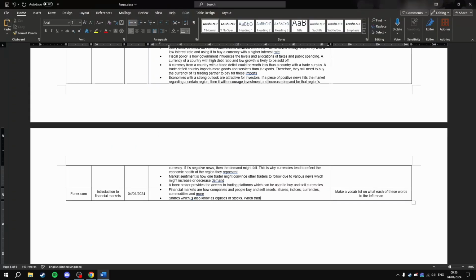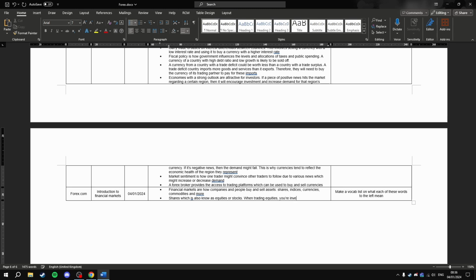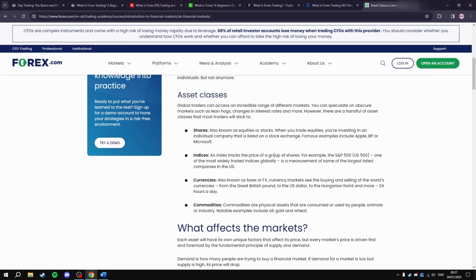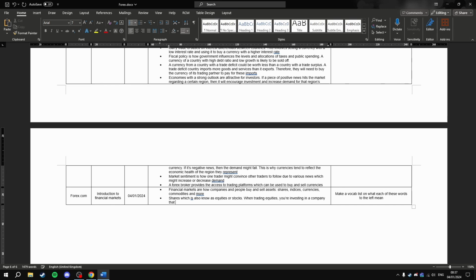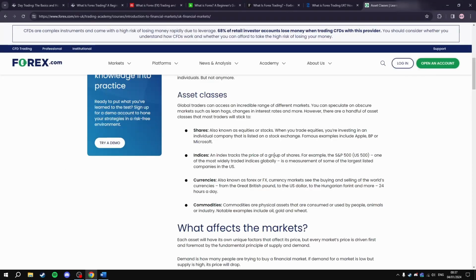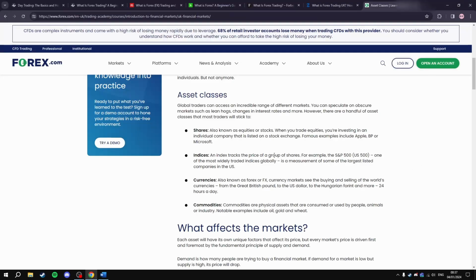When trading equities, you're investing in a company that is listed on the stock exchange, e.g. Apple, BP, and Microsoft.